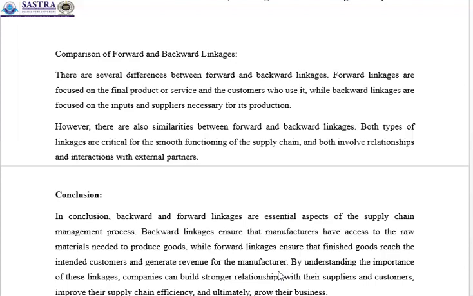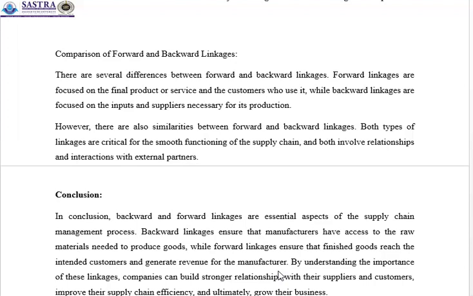However, there are also some similarities between the forward and backward linkages. Sometimes one person's output may be an input for the other person.